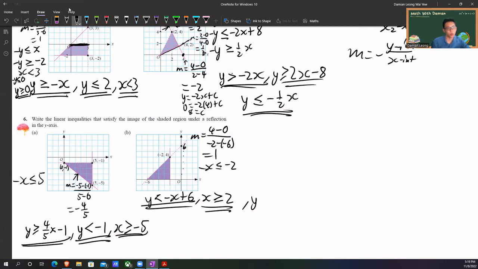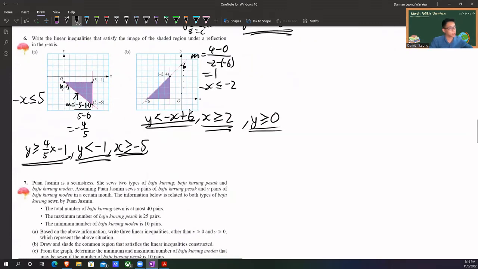Above, more than, more equals lah. Okay, since I cannot see solid line or dotted line, I assume it's solid line. Y more equals 0. Yeah, there's no x here, so no change. So yeah, there's only 3 lines that cover this area, so it's the 3 inequalities here. So that is question 6.